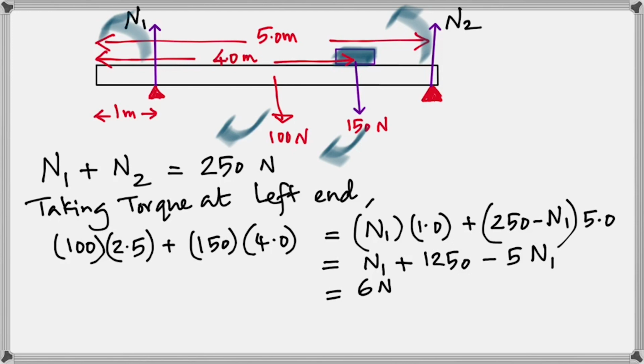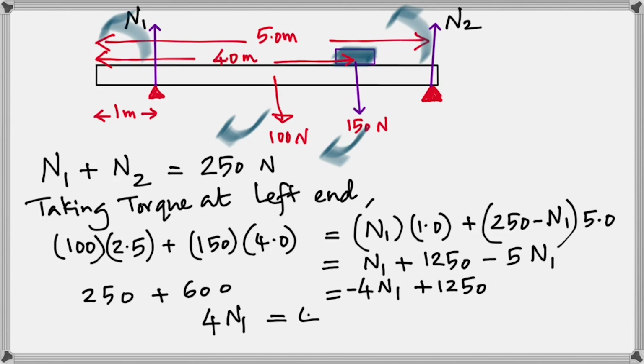Oh no, N1 minus 5 N1 is not 6 N1. So on the left side, 250 plus 600, and this is minus 4 N1. I'm taking that to the left side, where it becomes positive, and when I do the math, taking these two, that's 850.